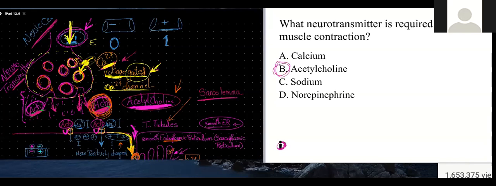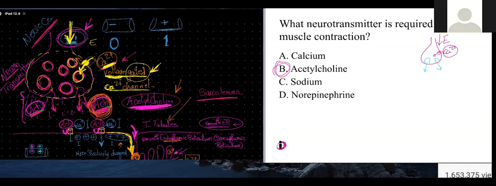Calcium is needed for the muscle to contract, but it's not the neurotransmitter. It's not released from the nerve cell. Again, if this is my nerve cell on here, it gets an electrical signal traveling down. This electrical signal allows calcium to get in the cell, but this calcium is needed for you to release your neurotransmitter out.